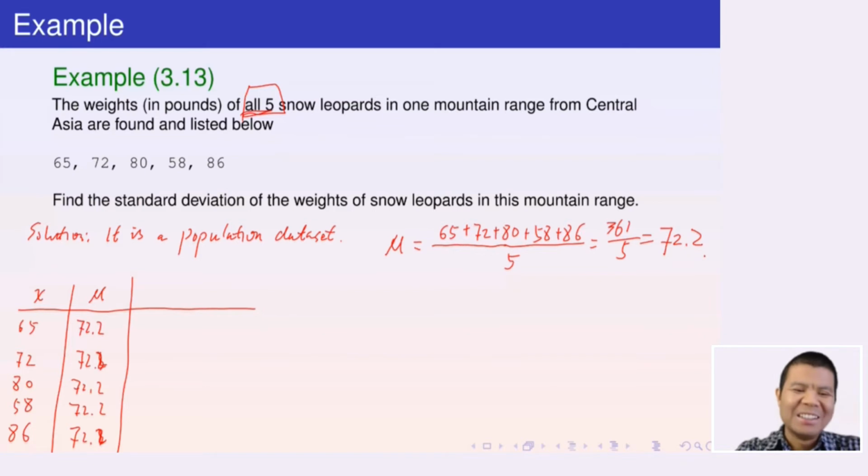In the third column, we are going to put x minus mu, the difference between x and mu.